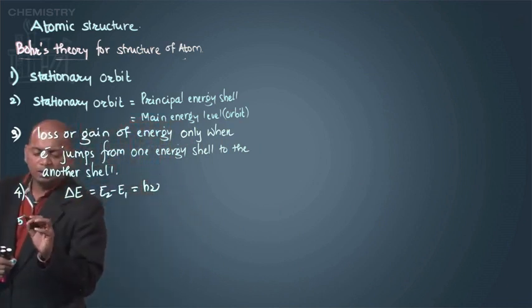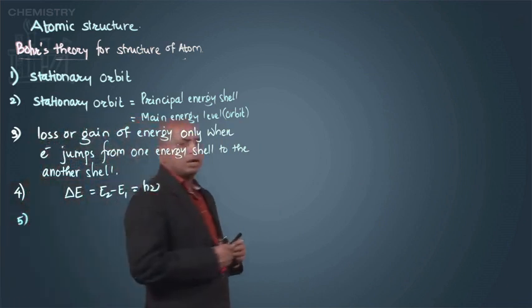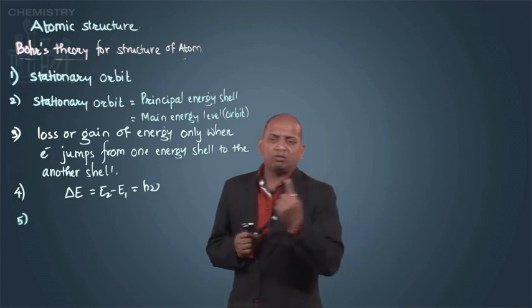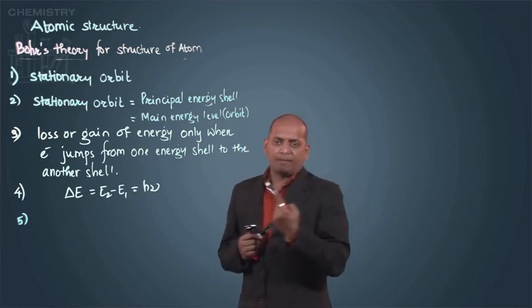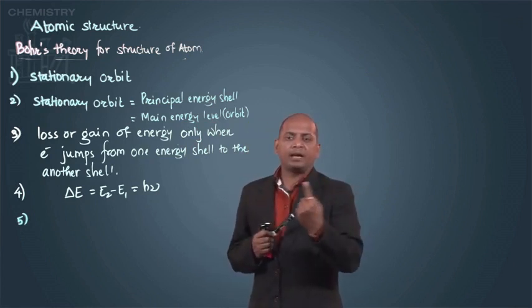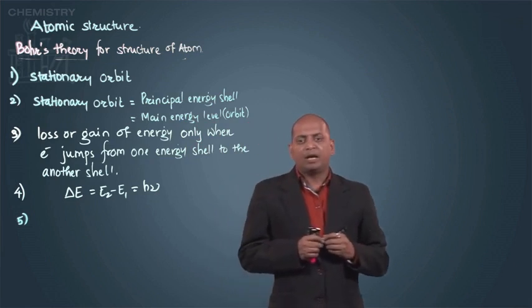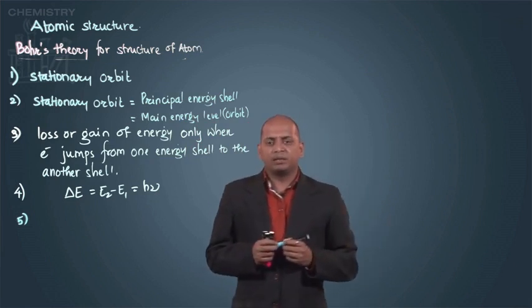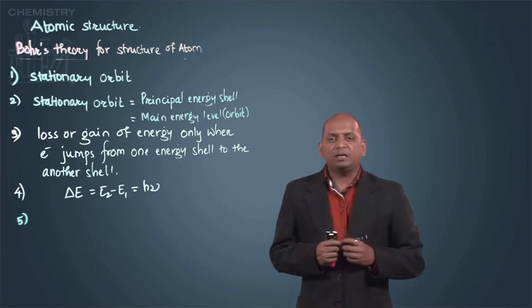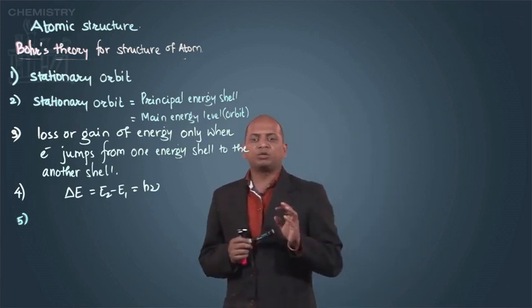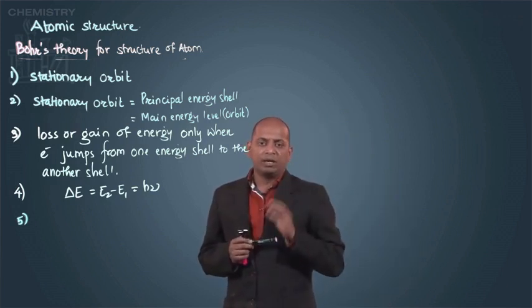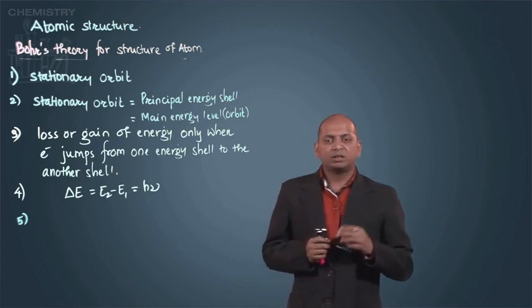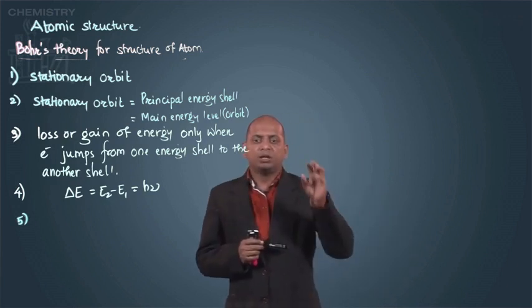What he is saying is, as long as electrons are revolving in a circular path, they have a certain angular momentum, and that angular momentum is an integral multiple of h upon 2 pi. H is Planck's constant.